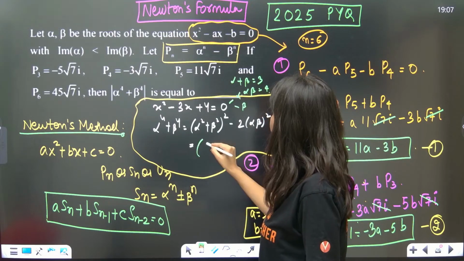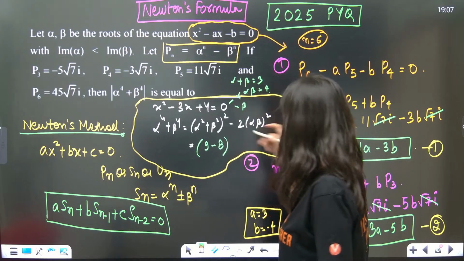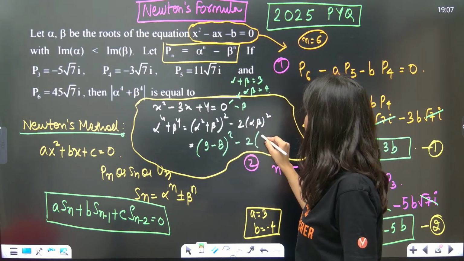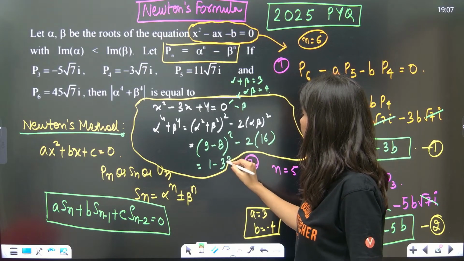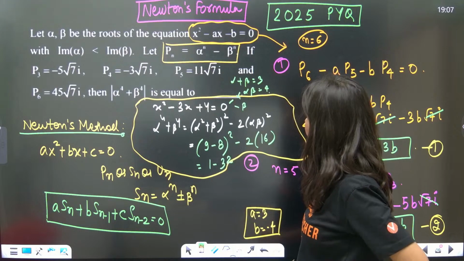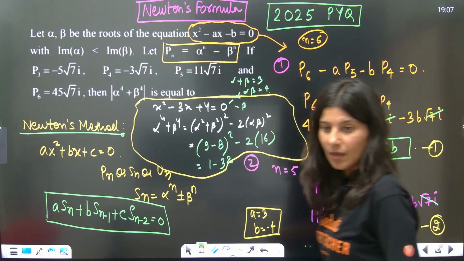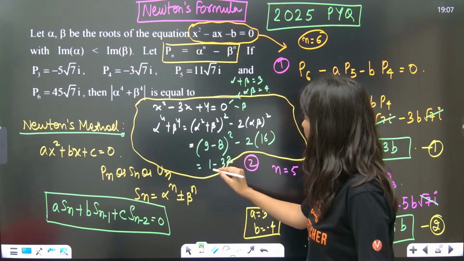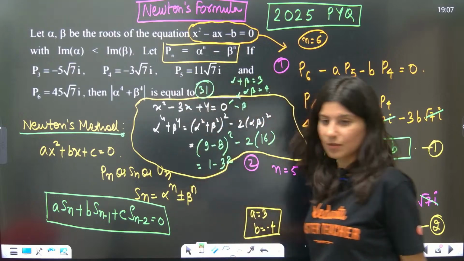So this is 3 squared, 9, minus 4, 2 fours are 8, whole square, minus 2 times 4 fours are 16. So this is 1 minus 32, mod 31. So 31 will be the correct answer of this particular question.